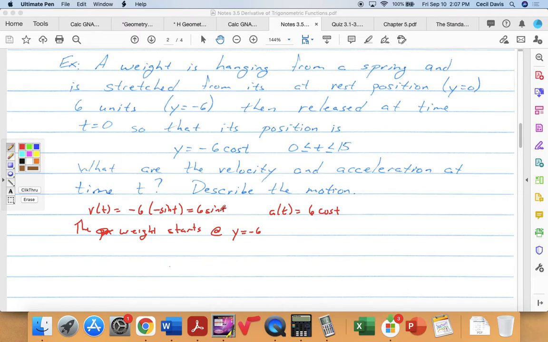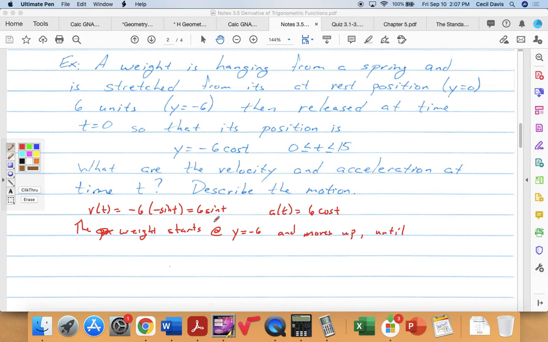Positive, right? Because sine just past the origin, just to the right of the origin, is positive. So it moves up until, well, when is it going to start moving back down?